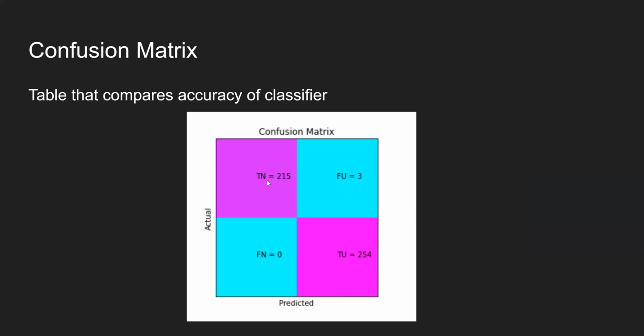As you can see, the true non-users, it classified 215 of those correctly, and the true users, it classified 254 of those correctly, and the false users were just 3, and the false non-users, it didn't classify any of the non-users incorrectly. So these are really good results, and ideally the entries along the anti-diagonal, which are the false users and the false non-users, will be 0, but that's pretty hard to achieve. So this is still really good results.